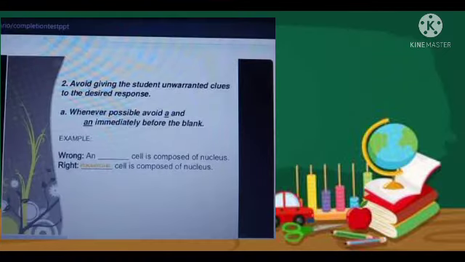Number 2. Avoid giving the student unwarranted clues to the desired response. Letter A. Whenever possible, avoid "a" and "an" immediately before the blank. Example, "An blank cell is composed of nucleus." That was wrong. And the right thing is "Blank cell is composed of nucleus."